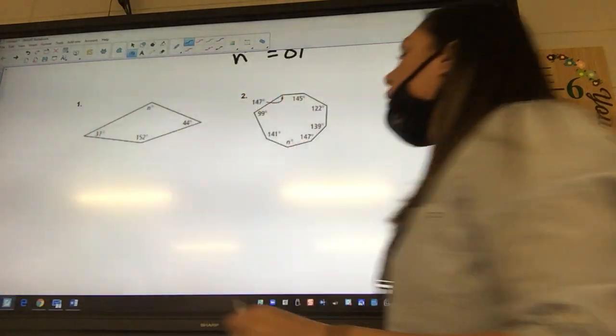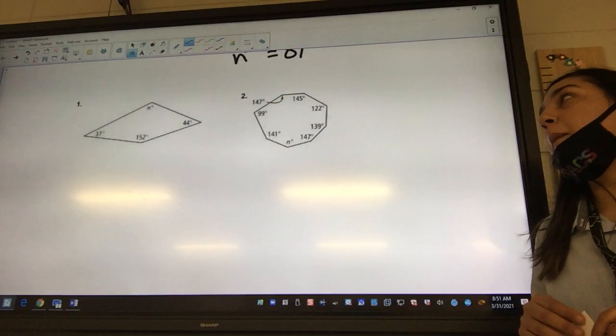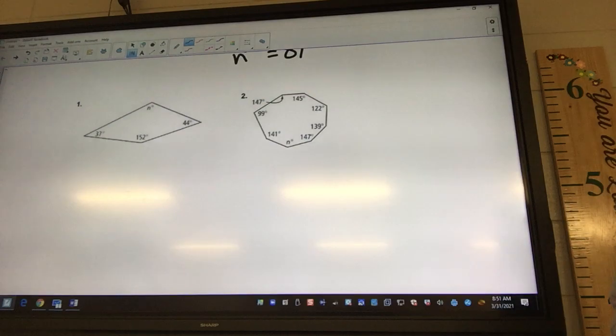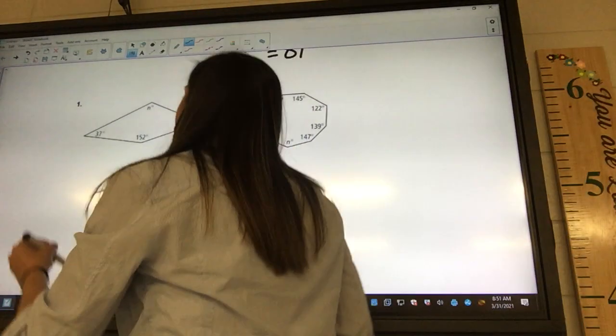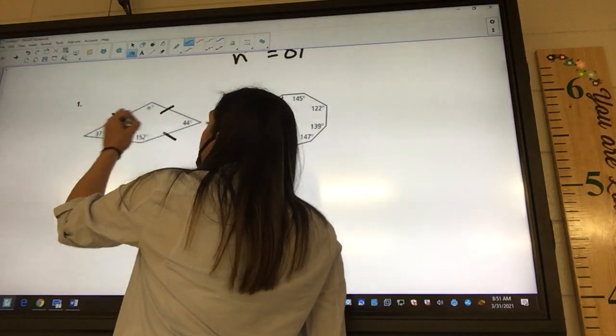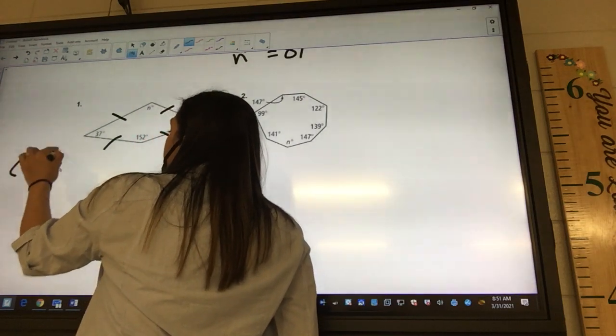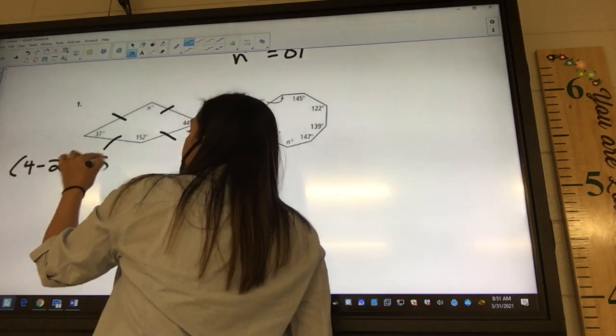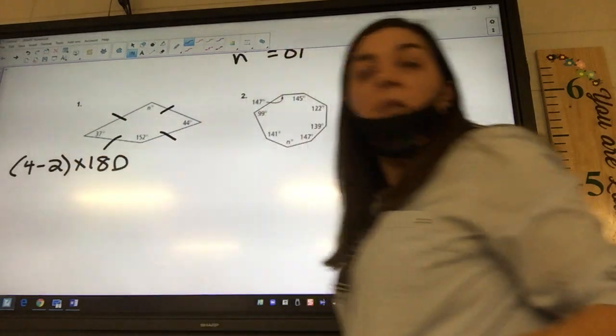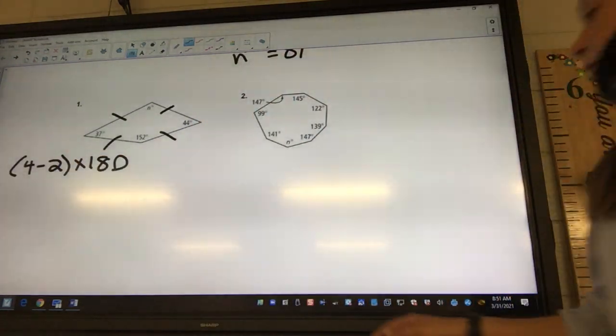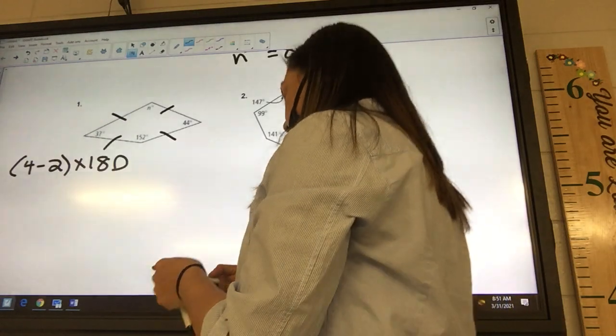It looks like maybe a square, but it's kind of crooked. And so it's going to have how many sides? 4. Yeah, it's got 4 sides, so we can say 4 minus 2, close parentheses, times 180. What's 4 minus 2? 2.